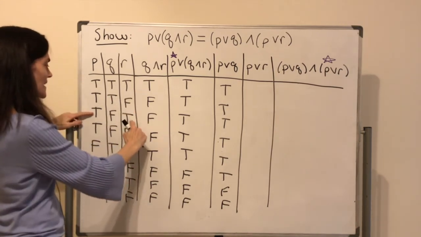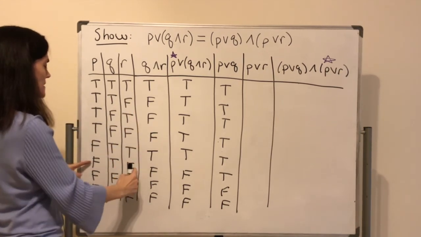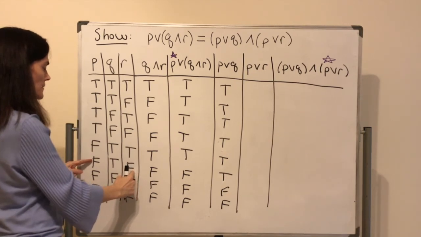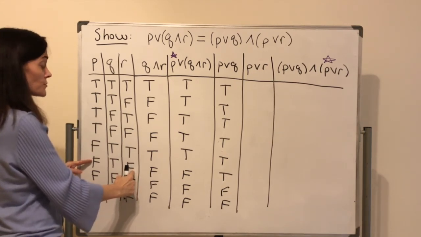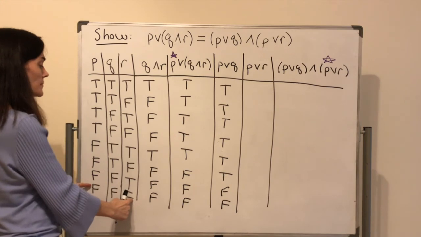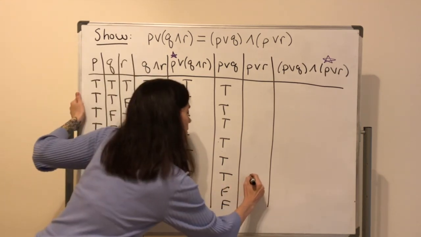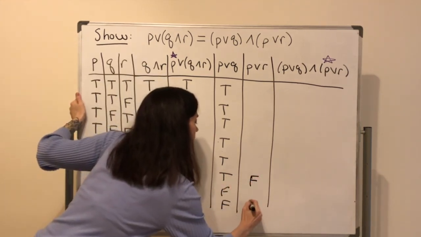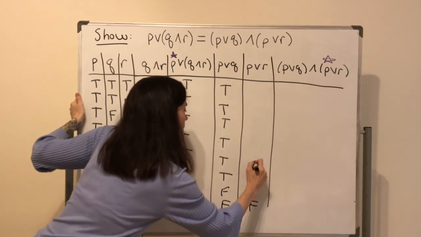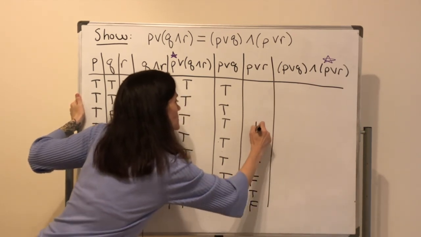So I'm just scanning for that time. This is here, third to bottom and the bottom. So it will be here and here, and then it's true everywhere else.